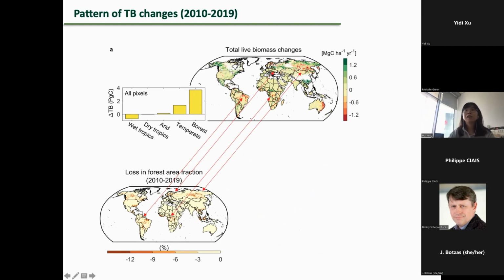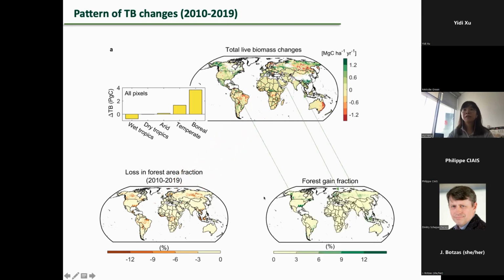For example, there is forest loss and biomass loss in the southwest Amazon, in the central Congo, in Siberia and the North Europe region, and biomass increase and forest increase in Southeast Asia, in Eastern Europe and in Canada.